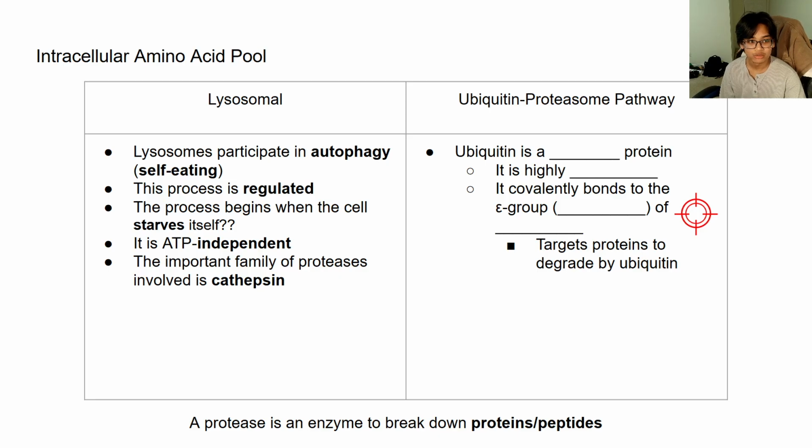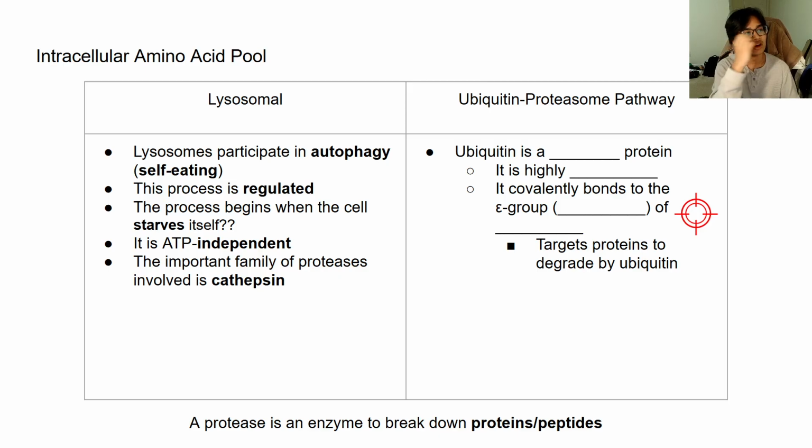Lysosomes participate in autophagy, they eat themselves. The process is regulated and begins when the cell starves itself. It's ATP independent, and the important family of proteases involved in lysosomal degradation is cathepsin.